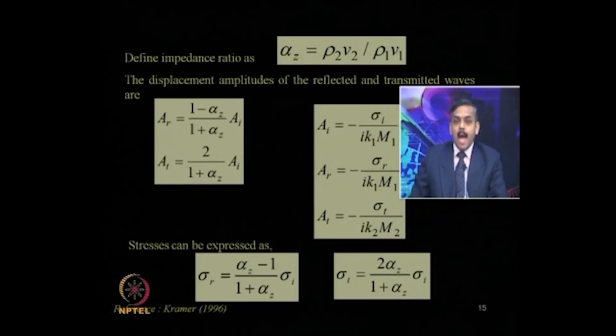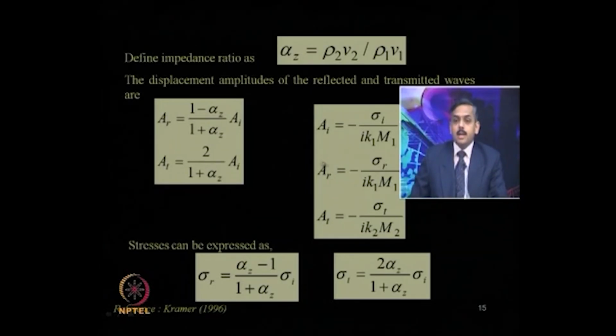Okay? And how do we estimate this incident wave displacement amplitude? If you know the loading condition or the stresses developed for your incident wave. So, this is the stress amplitude, and this is how the displacement is related to the stress amplitude in this format, which we have already seen derived in the previous lecture.